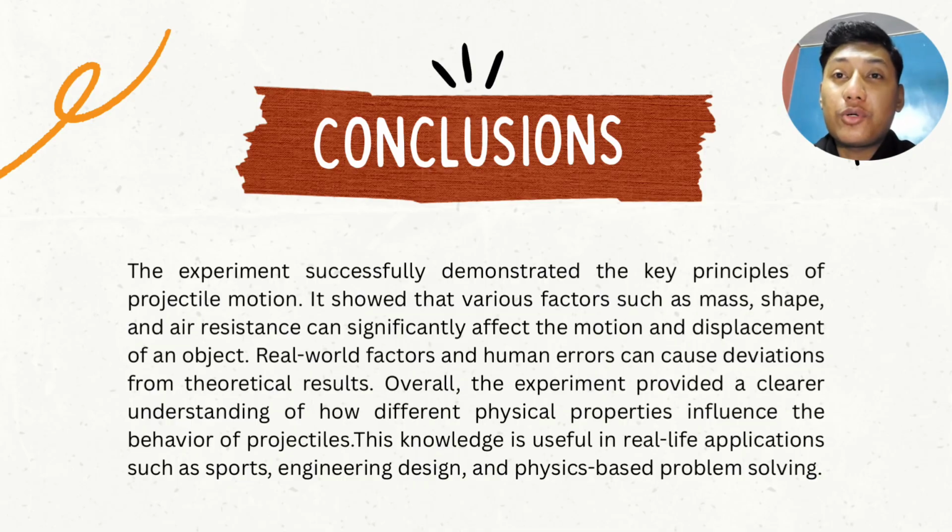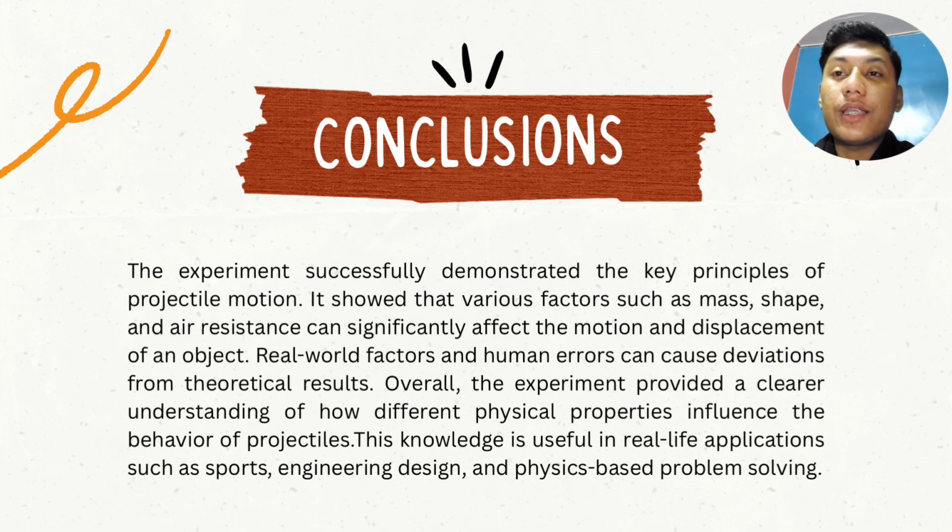Okay, for the conclusion, from this experiment, we are able to clearly see how projectile motion works in real situations. We found that things like mass, shape, and air resistance really do affect how far and how fast an object moves.